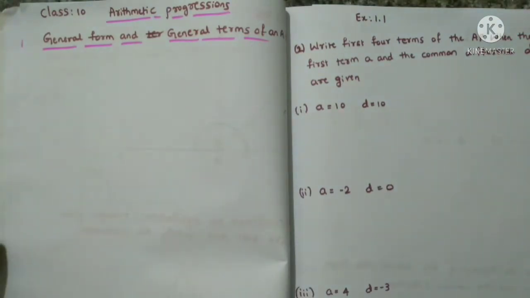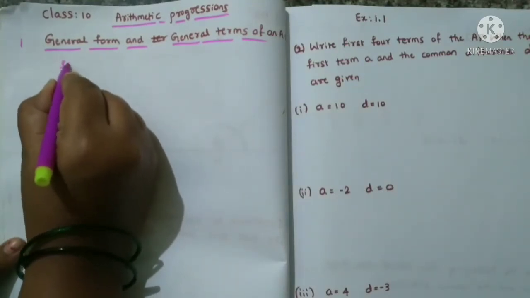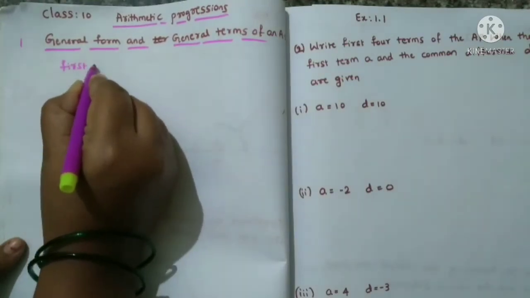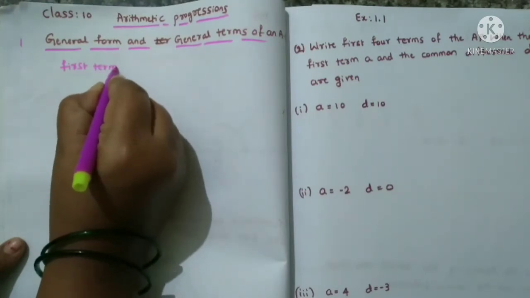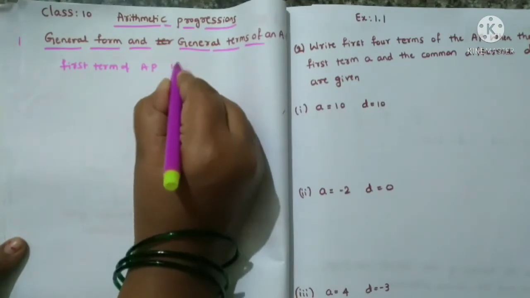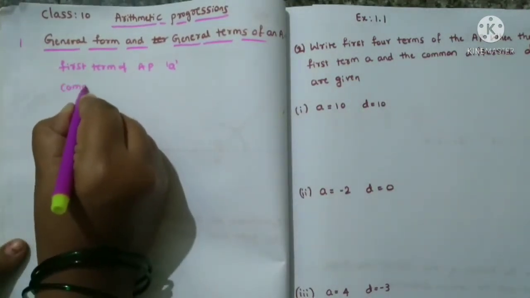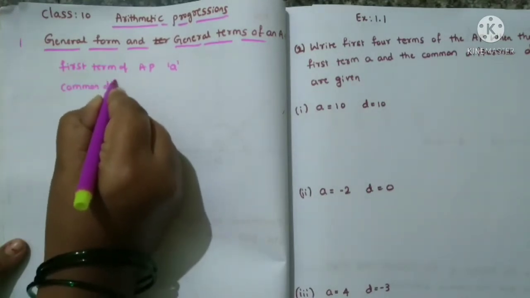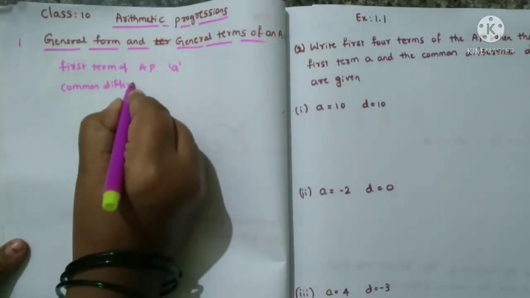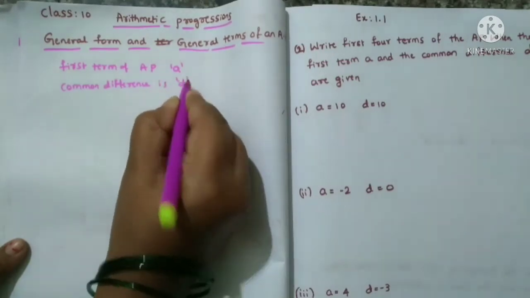So we'll see that the first term of the AP is represented by small a and the common difference is represented by small d.